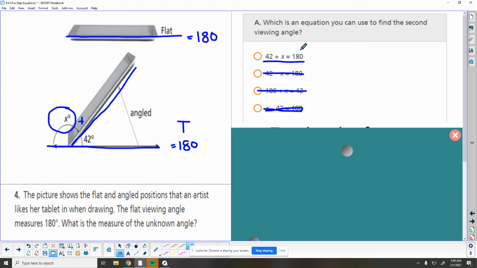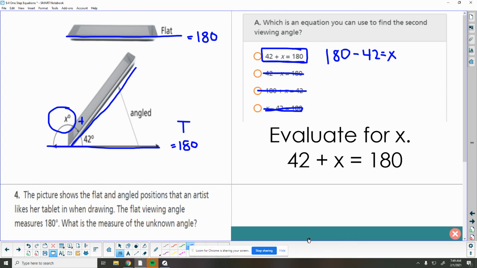So this problem that they're choosing to use is 42 plus x equals 180. So we could write a subtraction problem and say 180 minus 42 equals x. And the total minus the piece can tell us what's missing. So it's going to have us use 42 plus x equals 180.